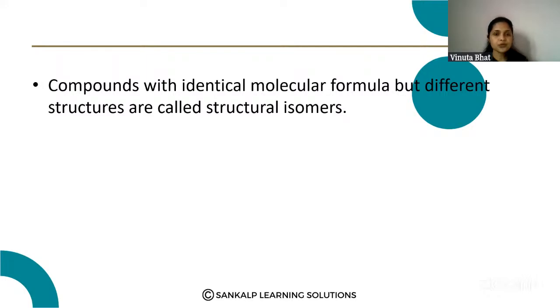For example, butane C4H10 has different structural isomers, but the formula is the same for all these structures, which are called structural isomers.